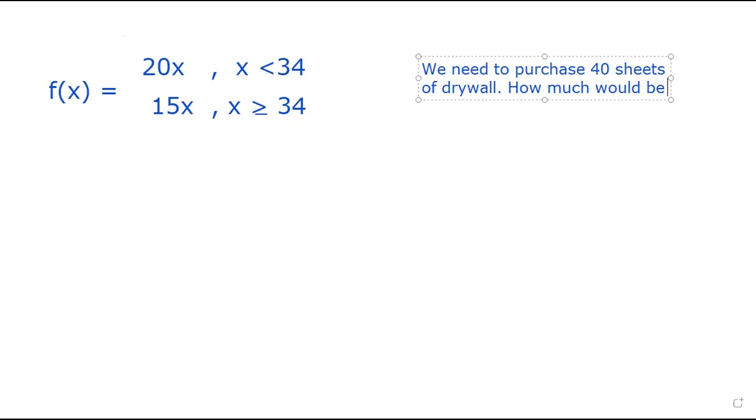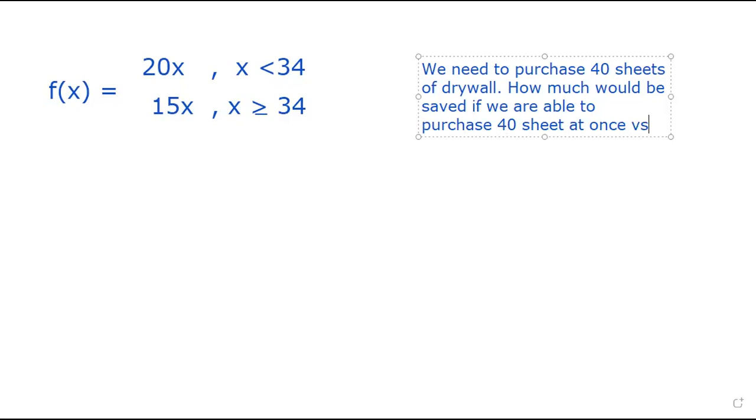How much would be saved if we are able to purchase 40 sheets at once versus purchasing two separate orders of, just say, 25 and 15?